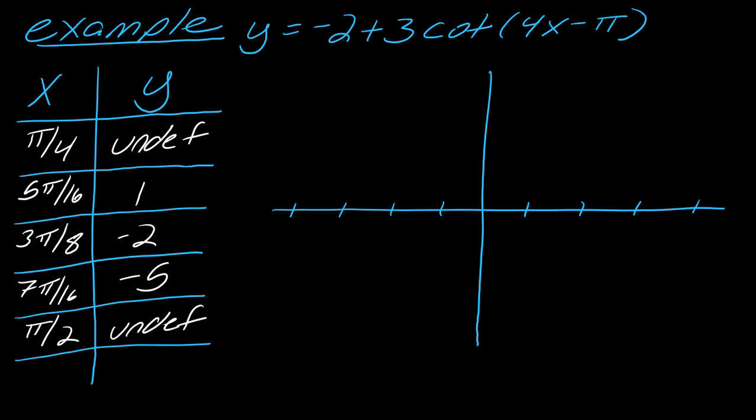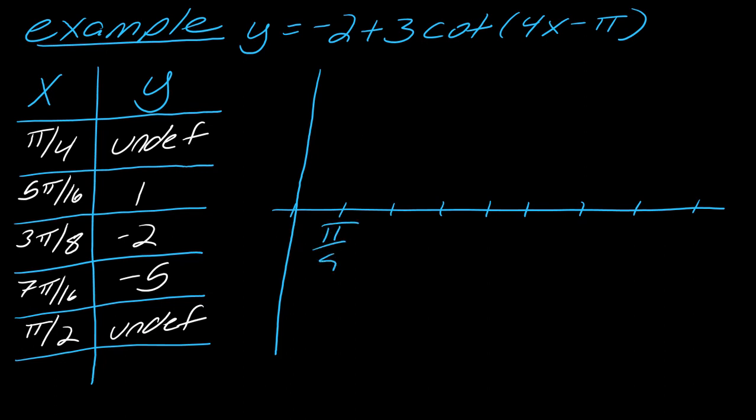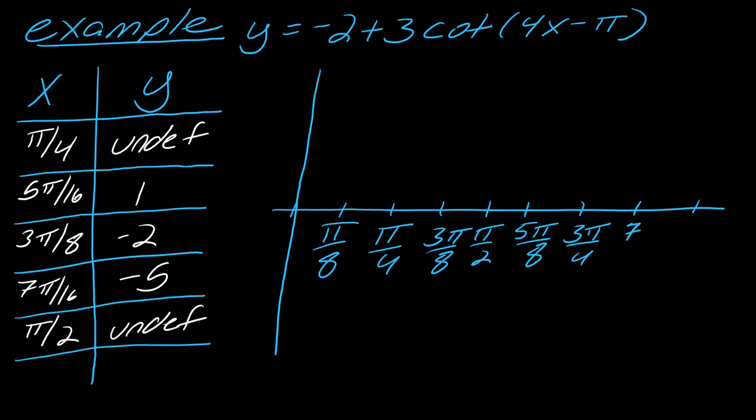So I've got everything labeled here. I think I'm going to change my axes actually to look like this. And okay, so how should I set up my axes? I think I'll go in pi over 8 quantities. So 2 pi over 8 will become pi over 4, and then 3 pi over 8, pi over 2, 5 pi over 8, 6 pi over 8 will become 3 pi over 4, 7 pi over 8, and then pi.